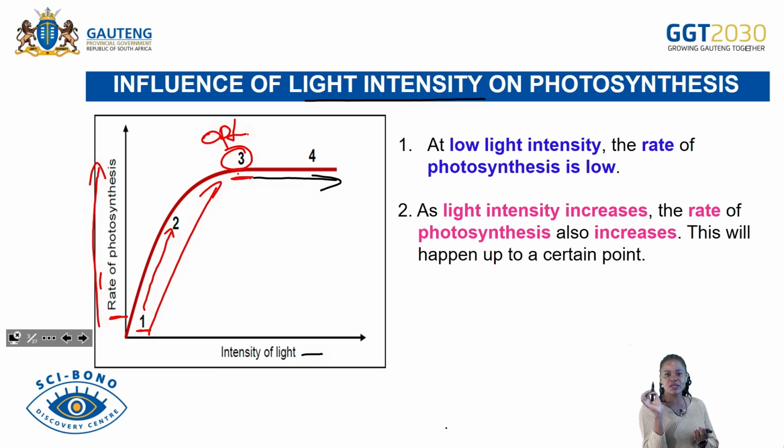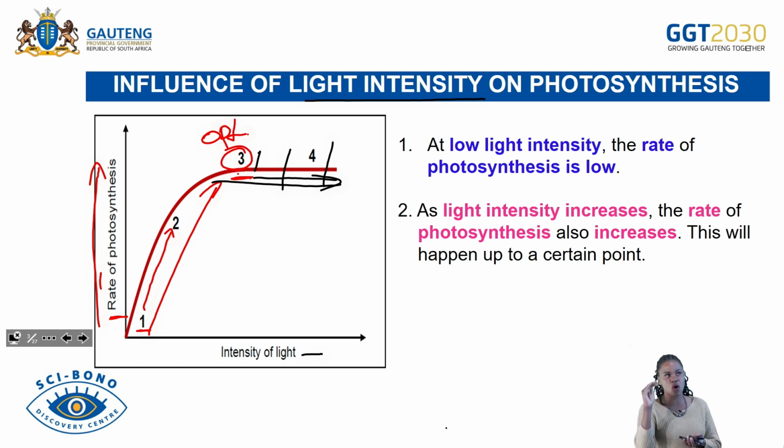Why is it remaining constant? It is because as the light intensity increases above 3, the rate of photosynthesis will no longer increase any further, but it will do what?